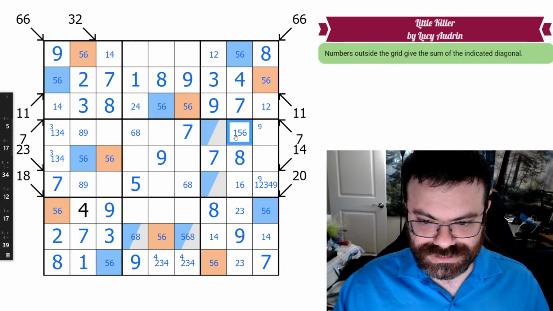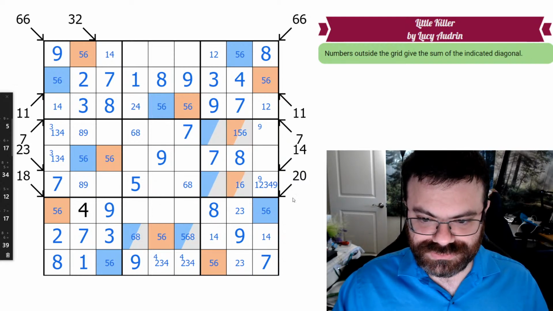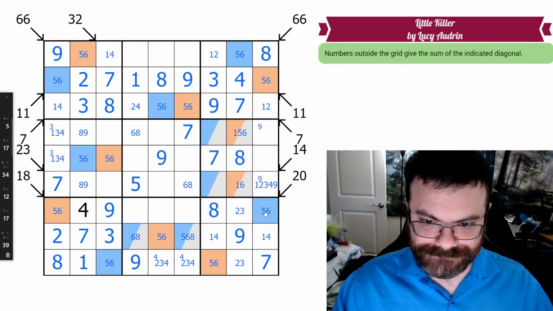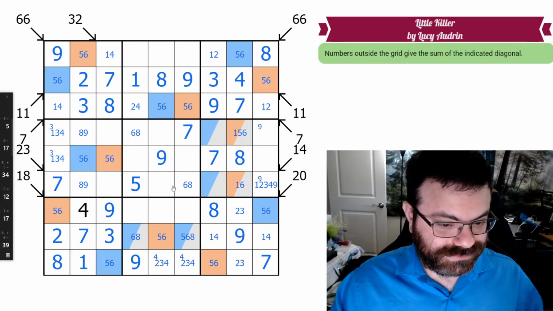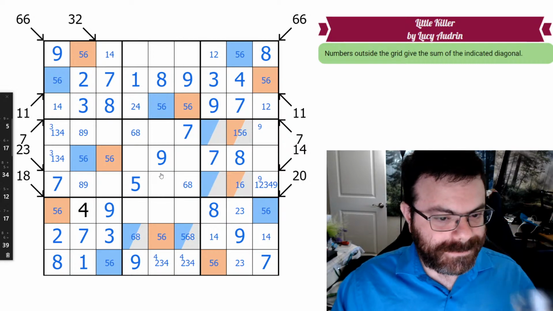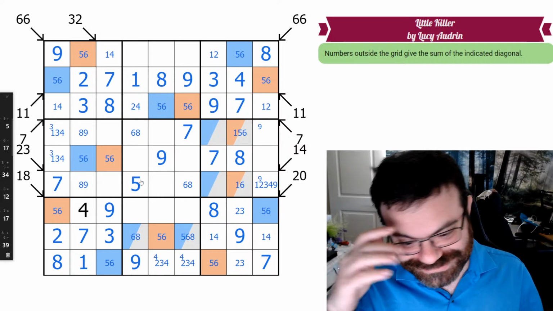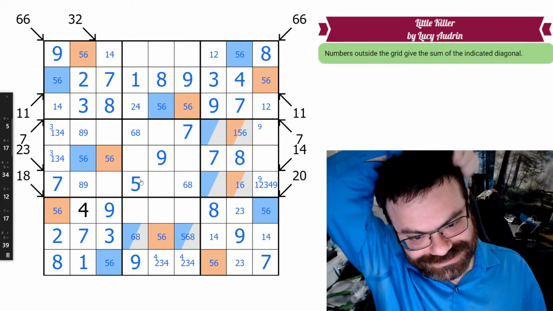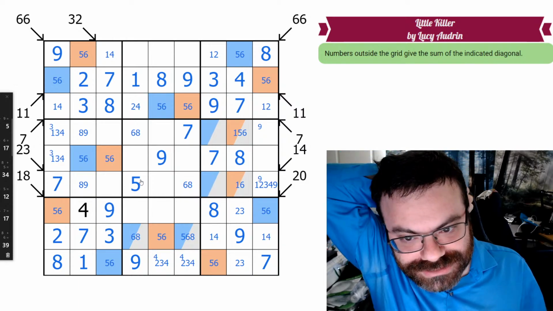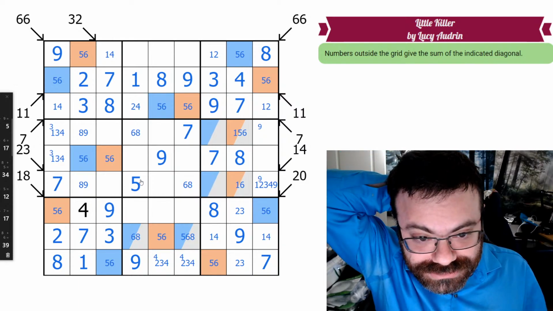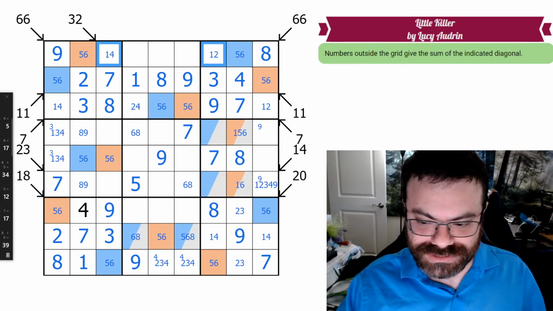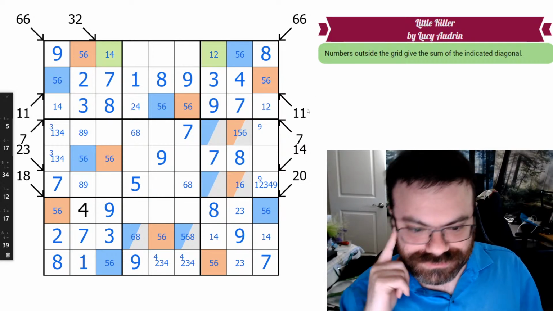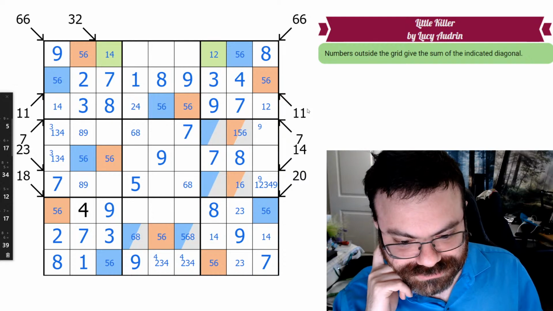So that means orange is one of these two. Something to note is orange is limited to one of these two. Maybe I'll color that to remind myself.